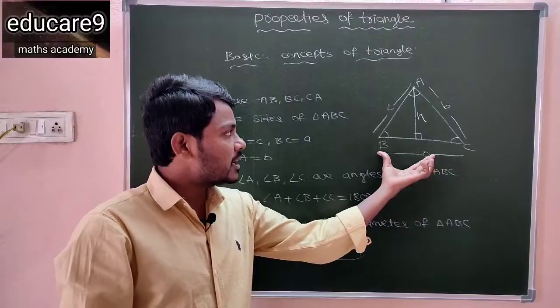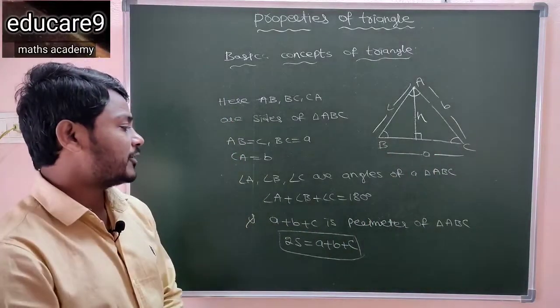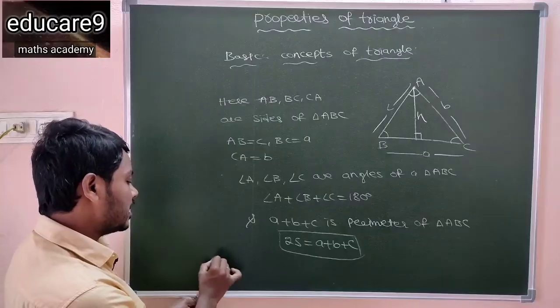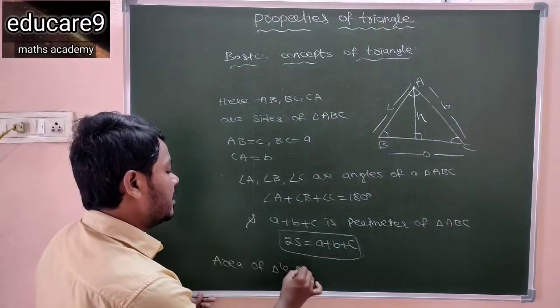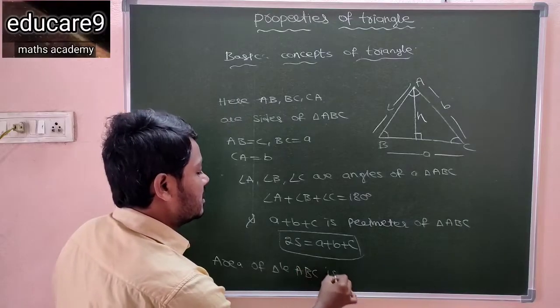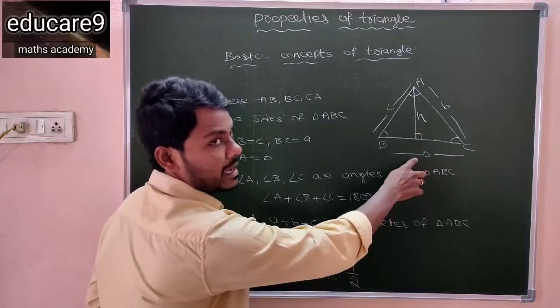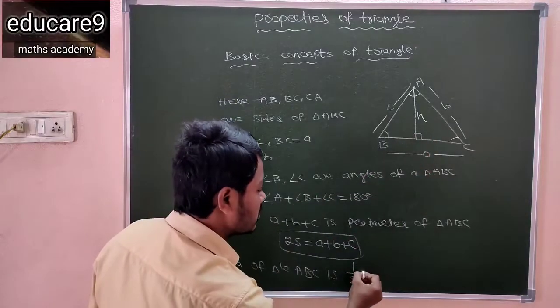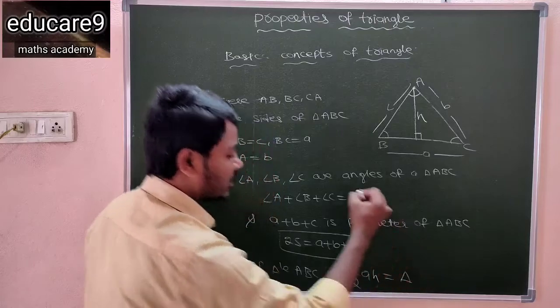And what is the base of this triangle? a. So the area of triangle ABC is half into base into height. Base is a, height is h, so half a h. This is denoted by delta.